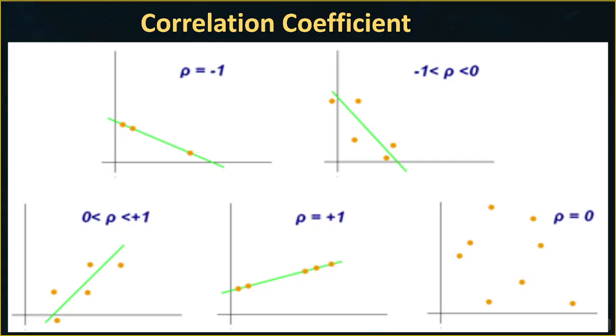And if the value is between -1 and 0, that's a negative correlation. So correlation strength is always at the end of the values, in the sense that if it is -1, that's the strongest negative correlation. If it is +1, strongest positive correlation.